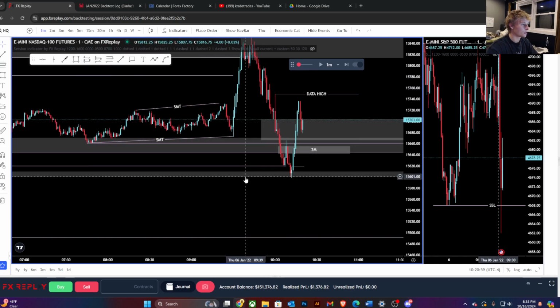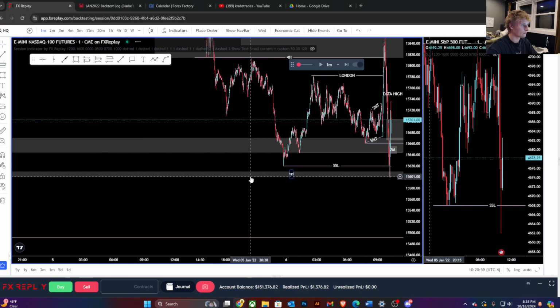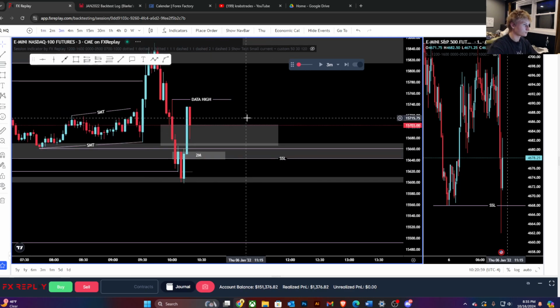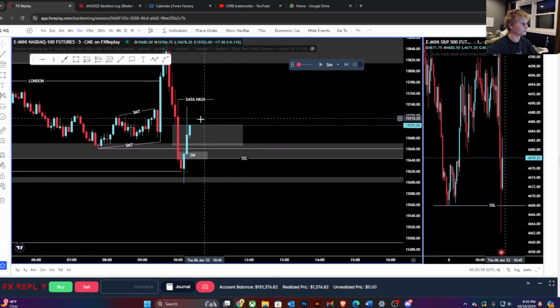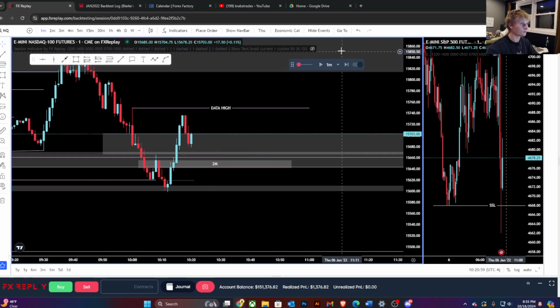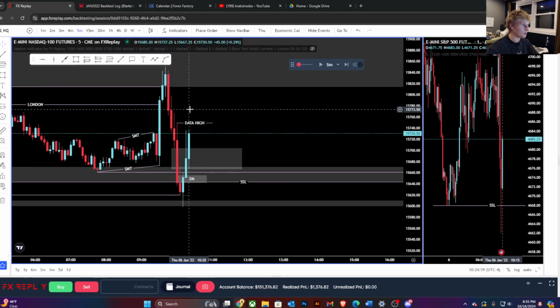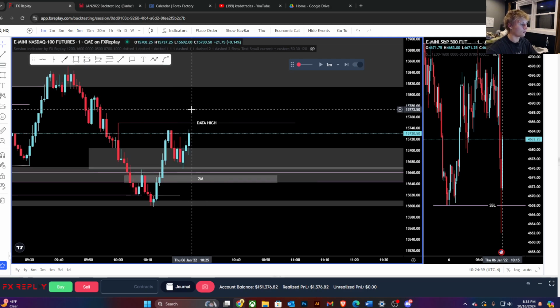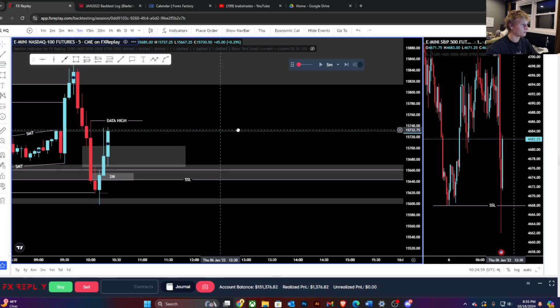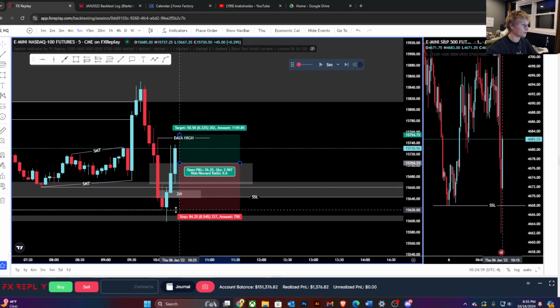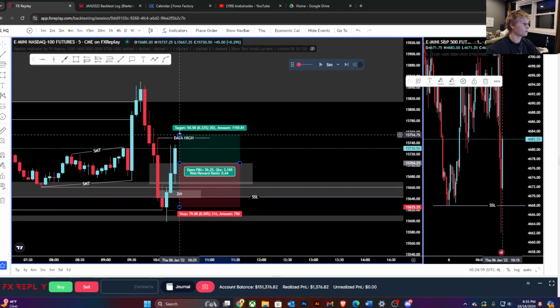So let me double check for equal lows as well. Yeah, it looks like no entry here. 25. Let's see. If we can retap without, actually not, stop loss is 80 points.